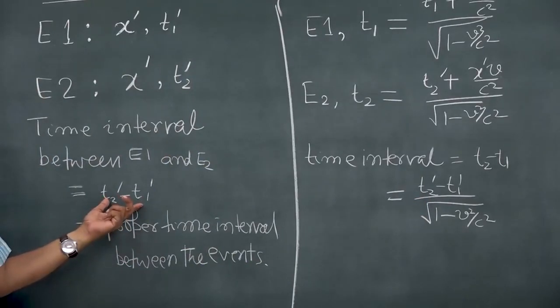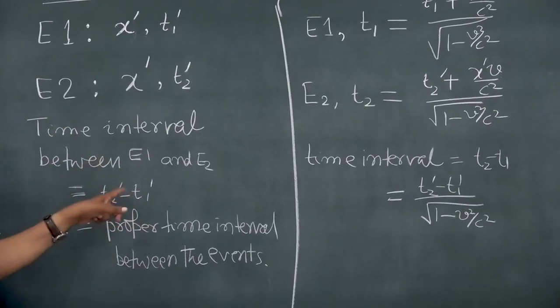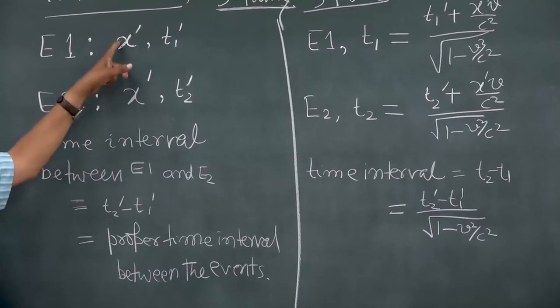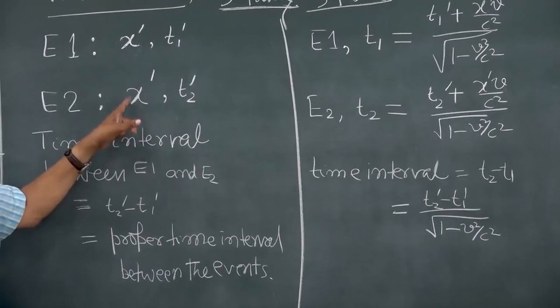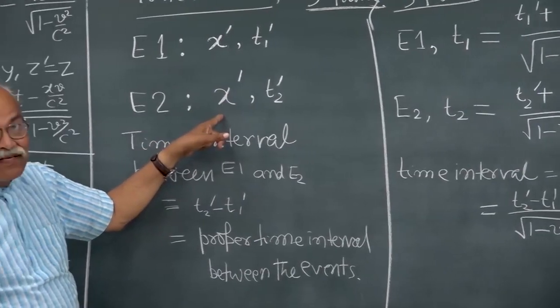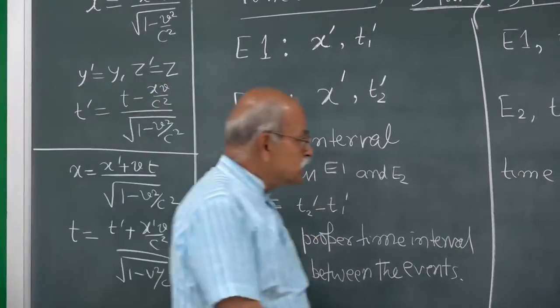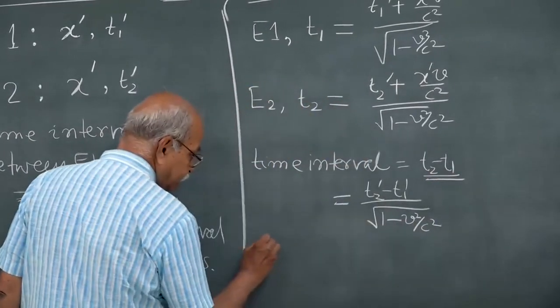This is very special. This is measured from a particular frame, a very special frame, in which the two events have taken place at the same position. In all other frames which are moving with respect to this, this property will not be there, and hence this is called the proper time interval. So, this is the proper time interval and this is the improper time interval.